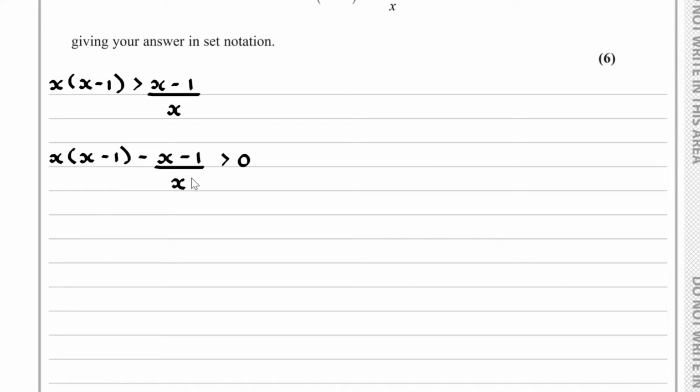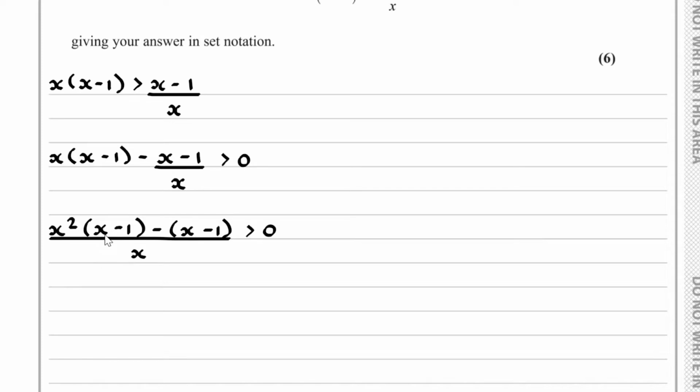And if we rewrite the left hand side such that we've got a common denominator of x, we end up with x squared lots of x minus 1 subtract x minus 1, divided by x being greater than 0.